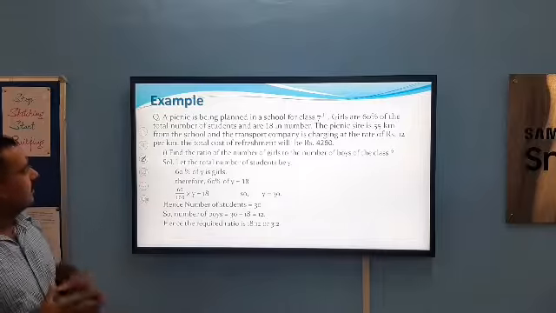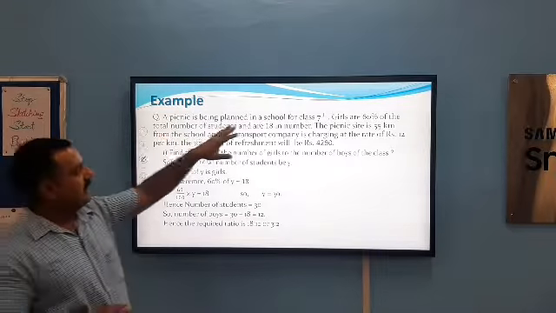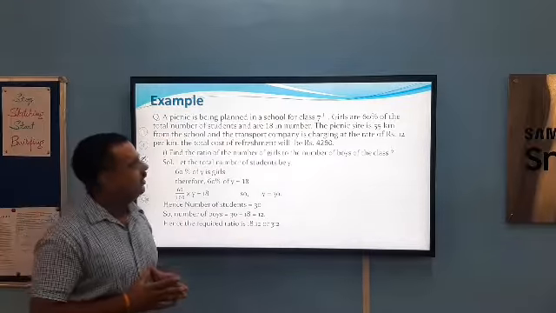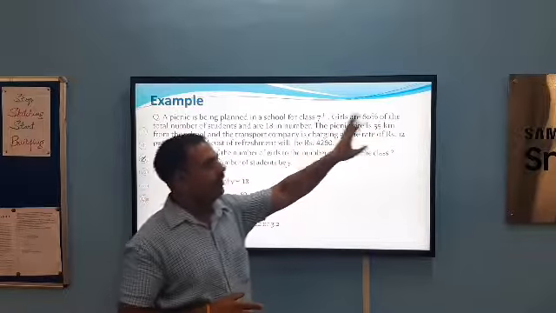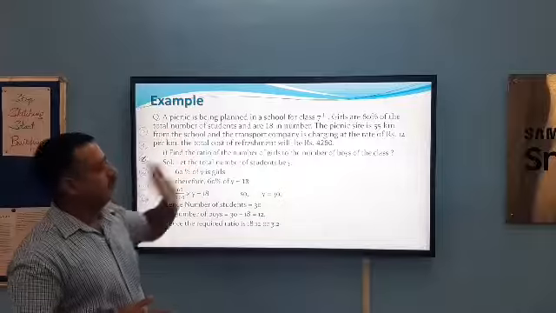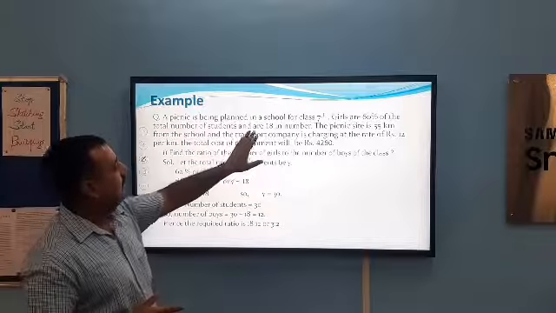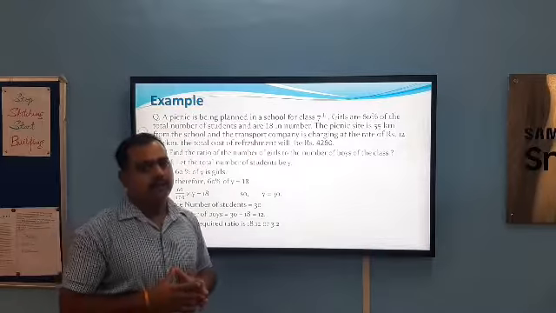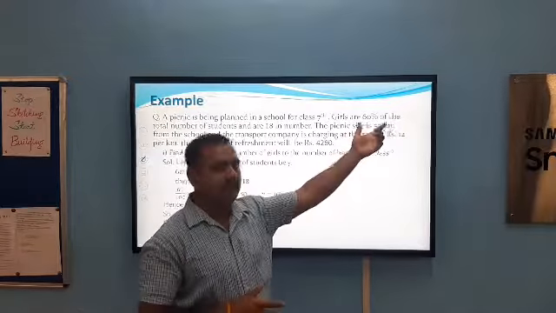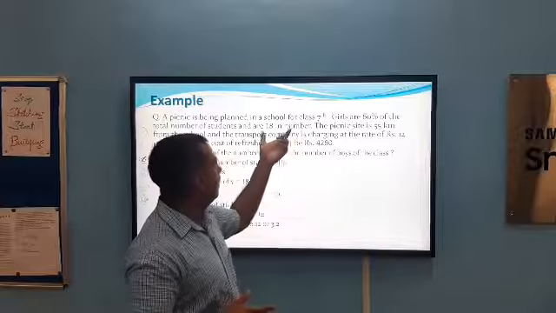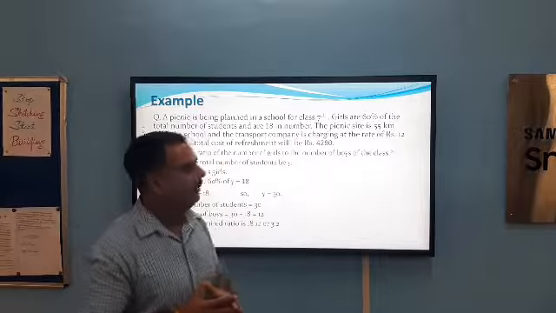For example, a picnic is being planned in a school for class 7. Girls are 60% of the total number of students and are 18 in number.